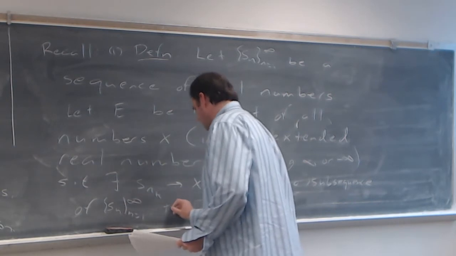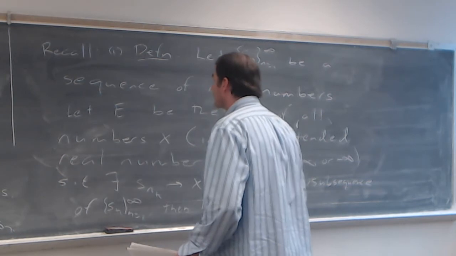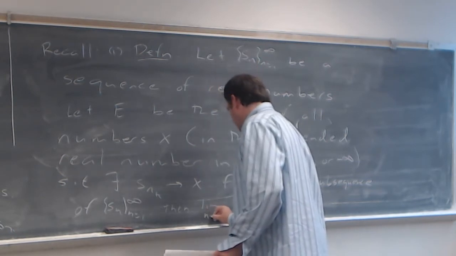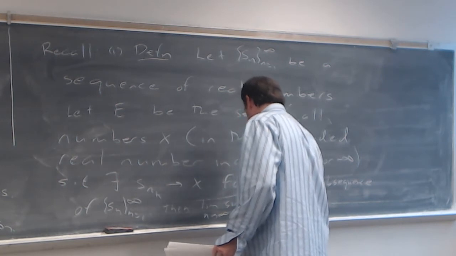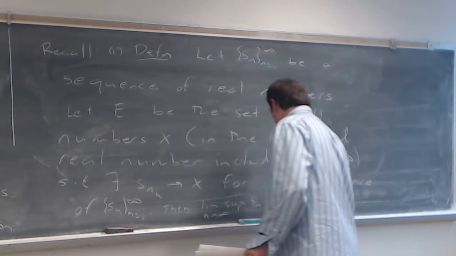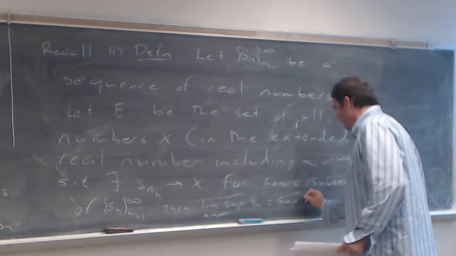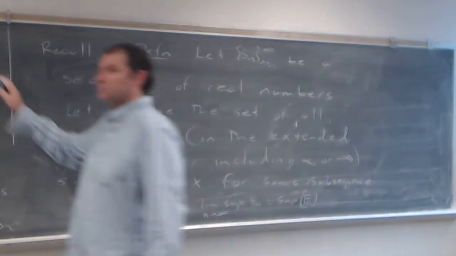Then, here's the definition. The lim sup, as n goes to infinity, of S sub n equals the supremum of E. That was the definition of the lim sup.